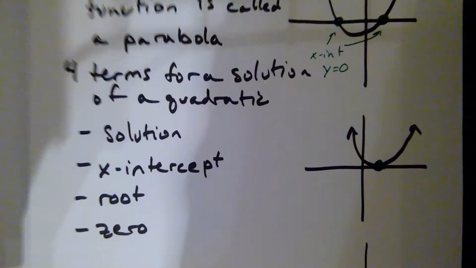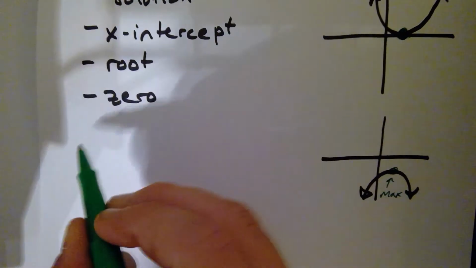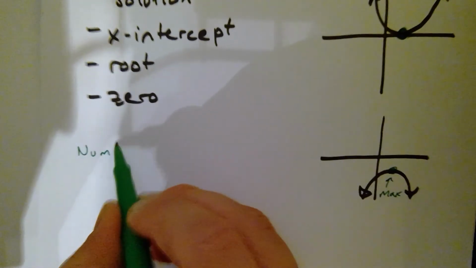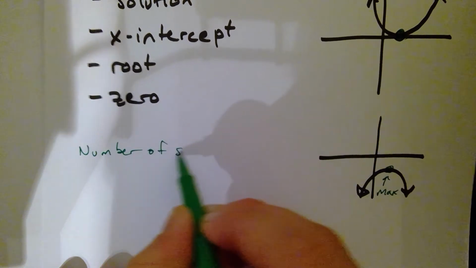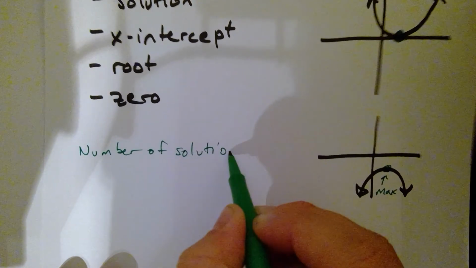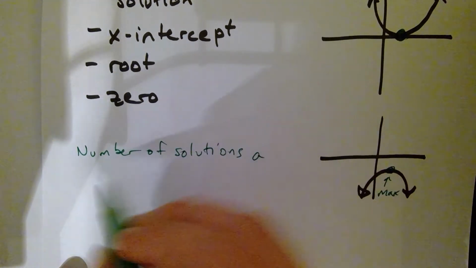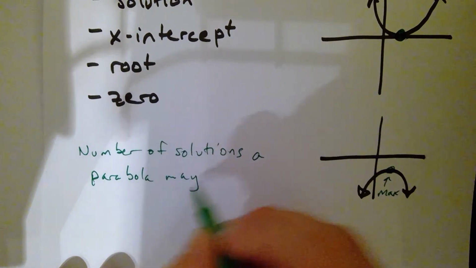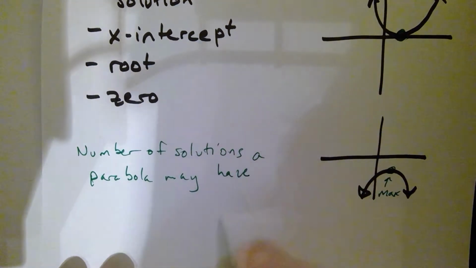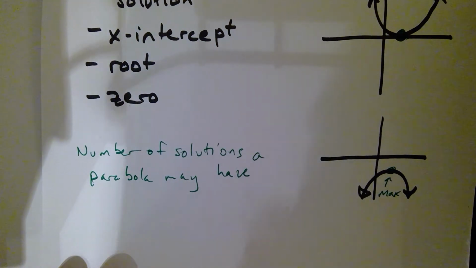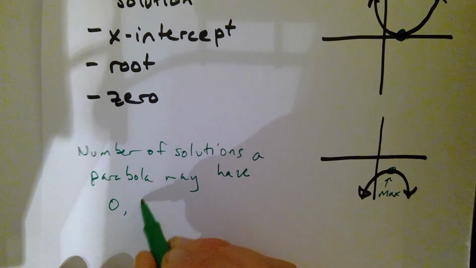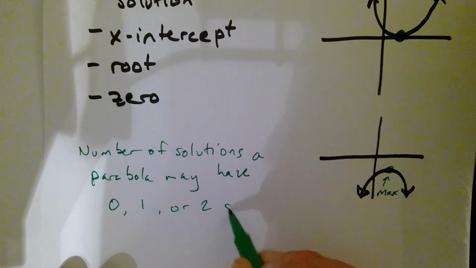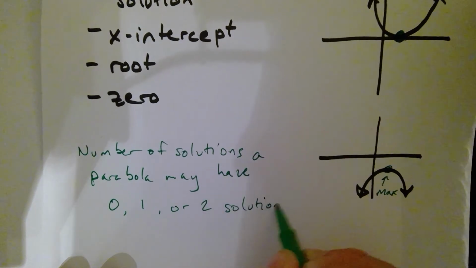So we also want to talk about the number of solutions a parabola may have. And we have seen that it can either have 0, 1, or 2 solutions.